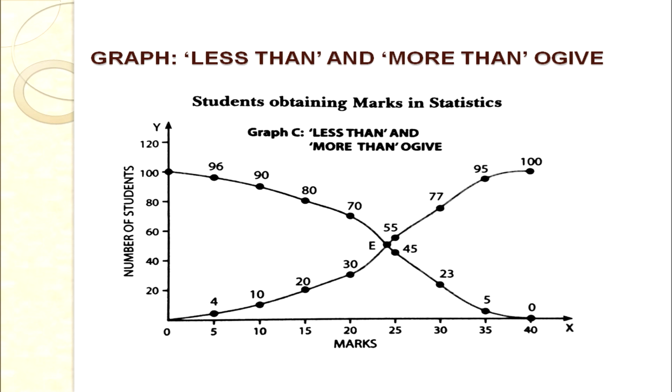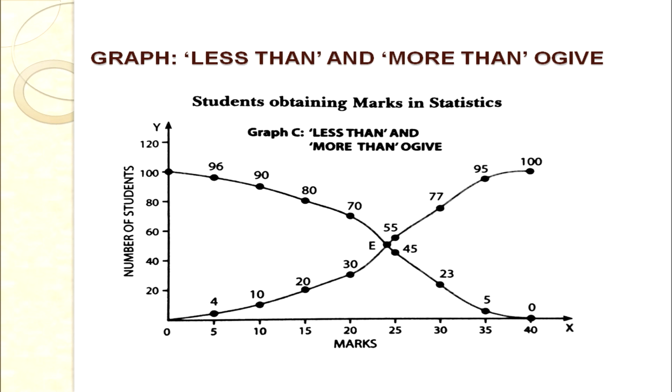On the other hand, when we talk about the more than frequency curve, we started from 100 because for more than 0 we got 100. So 100, 96, 90, 80, 70, 45, 23, 5 and 0 with respect to marks, that is 0, 5, 10, 15, 20, 25, 30, 35 and 40.